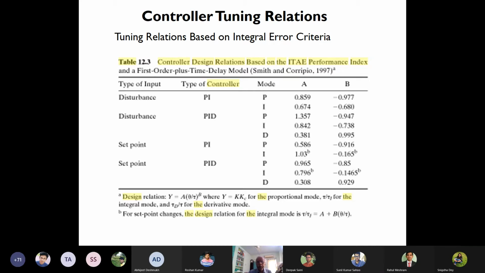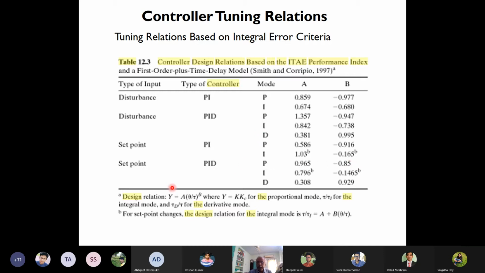Like here, you can see for a first order with dead time model, we have developed the PI parameters based on this and the PID based on this. Similarly, for set point tracking, PI is developed like this, and for PID we have got the tuning parameters like this.